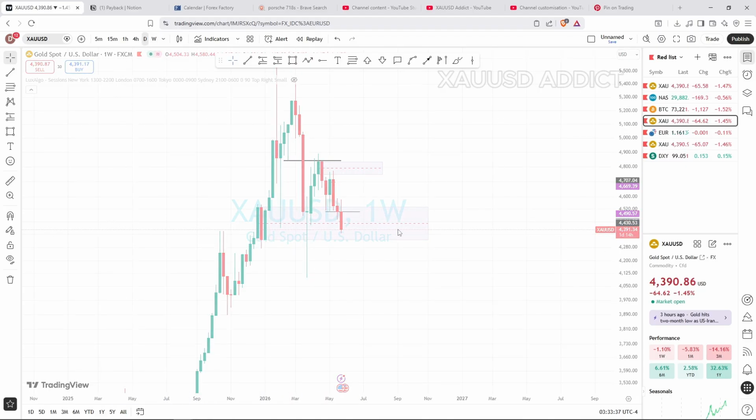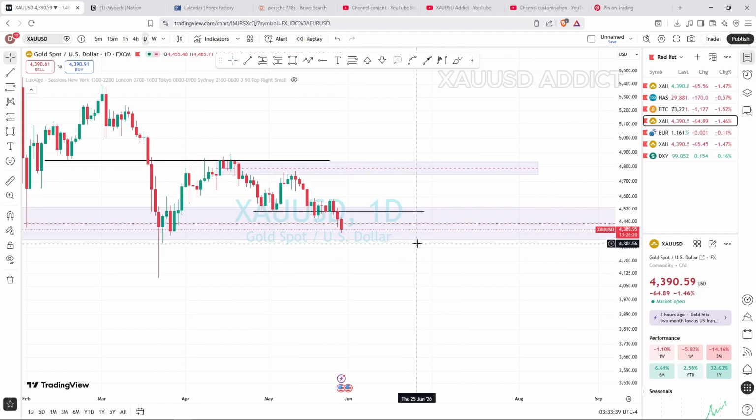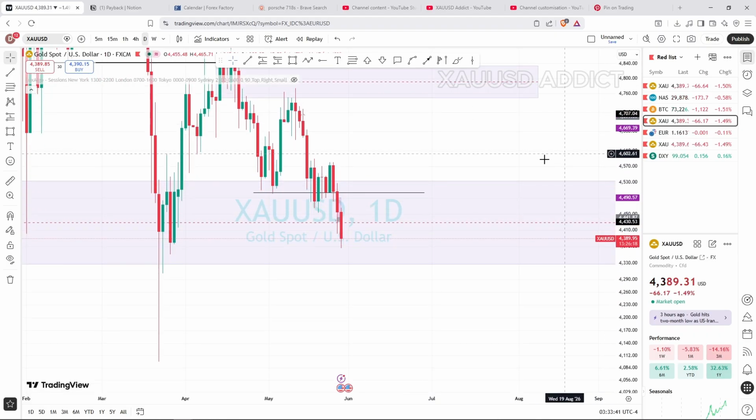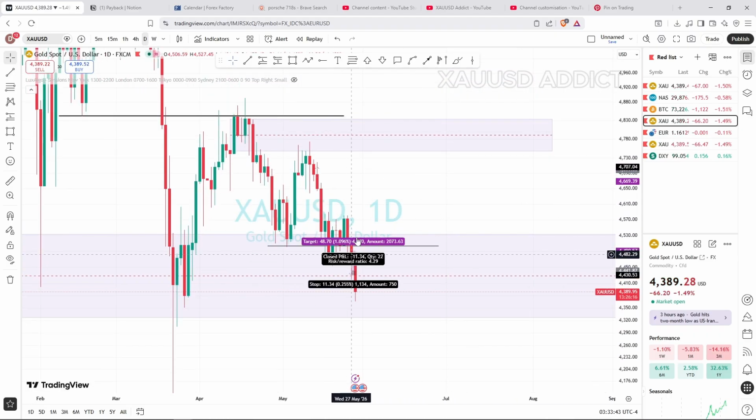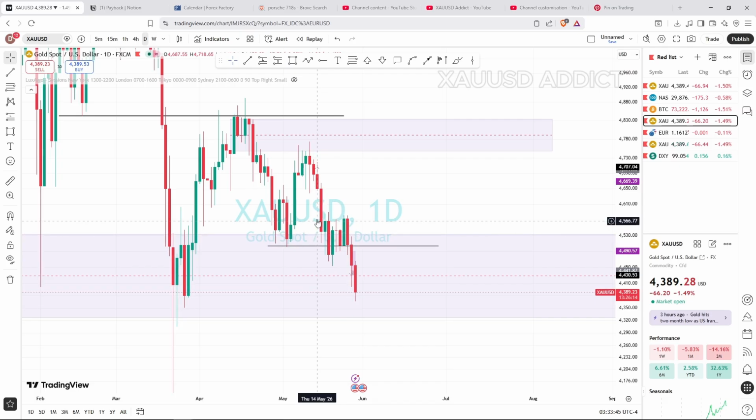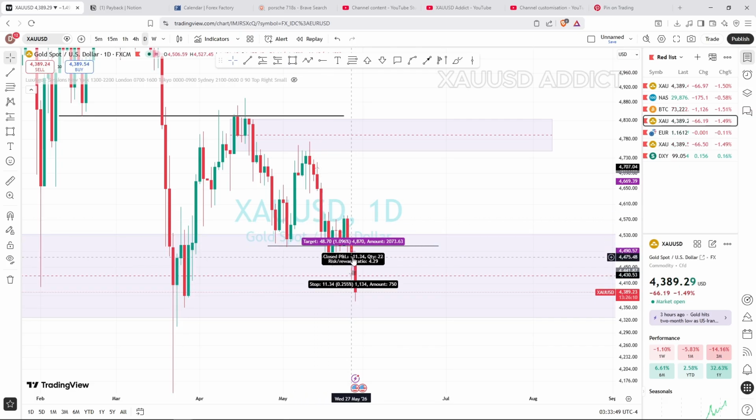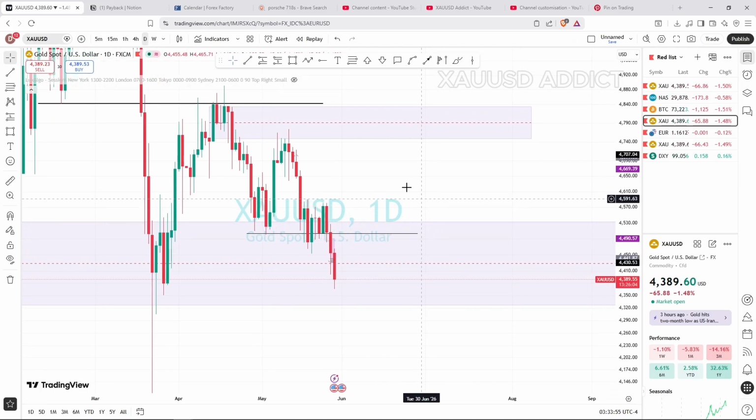So let us look at the daily time frame, what was happening yesterday. You can see at this zone there had started being some buying momentum, but unfortunately price broke to the downside on Wednesday. And where did it break to, and why did it break?